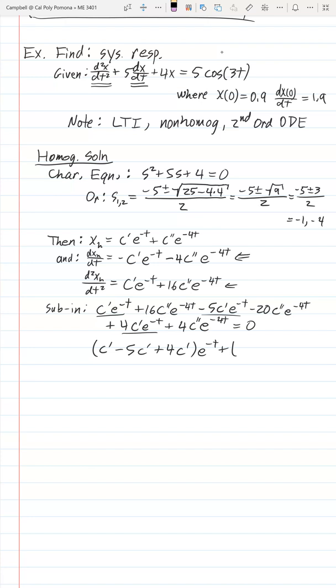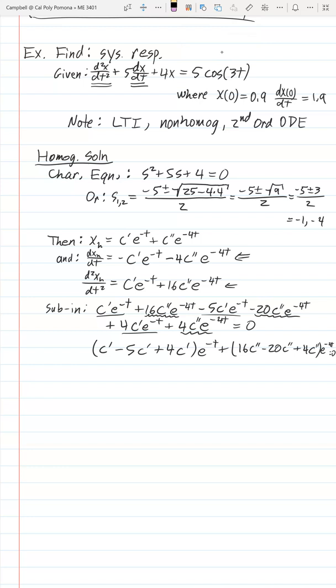I'll do these in wavy underlines, and we get, well, we don't need that plus sign. We get a 16c double prime minus 12c prime plus 4c double prime, all that times e to the negative 4t is equal to 0.